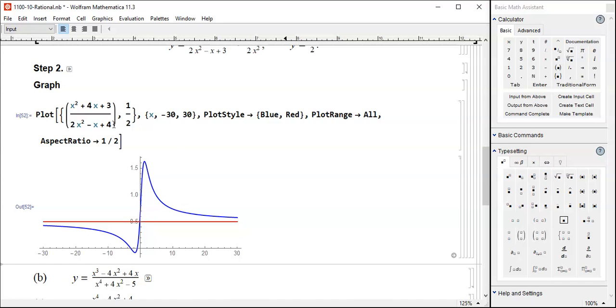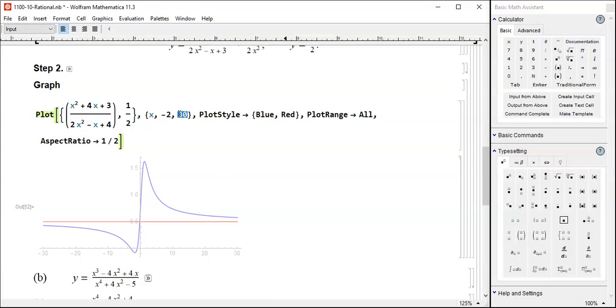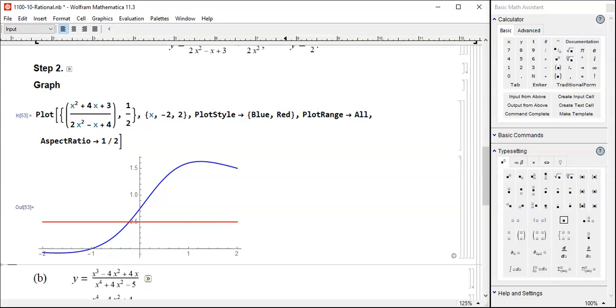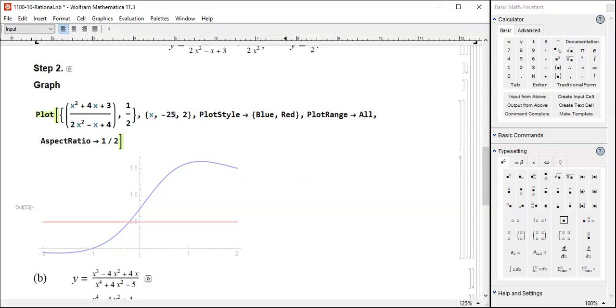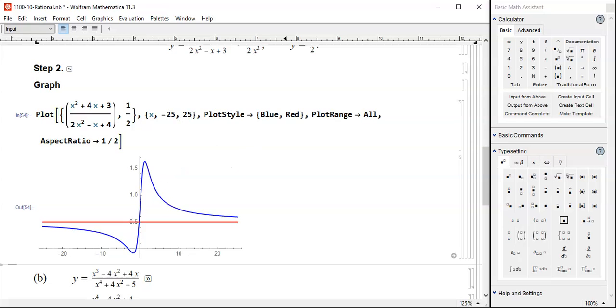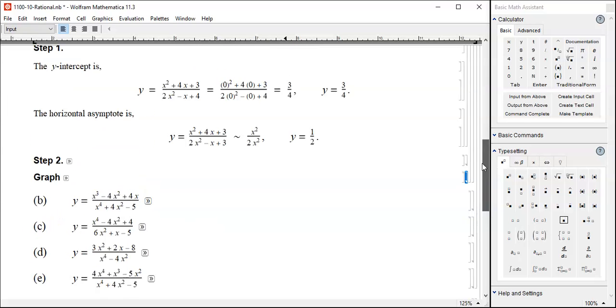But then again, that's because this graph is in -30 to +30. So let's graph it from, say, -2 to +2. Yes, you can clearly see that we have about 0.75, 3/4. So if I do that again, then we get pretty much the same as previous picture. Okay, step 1 is done.